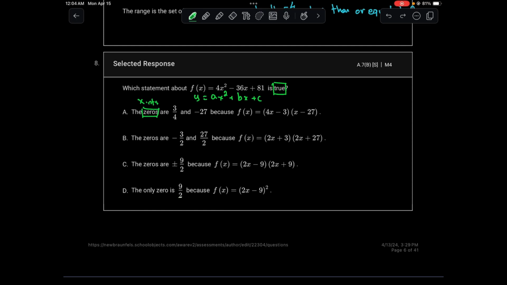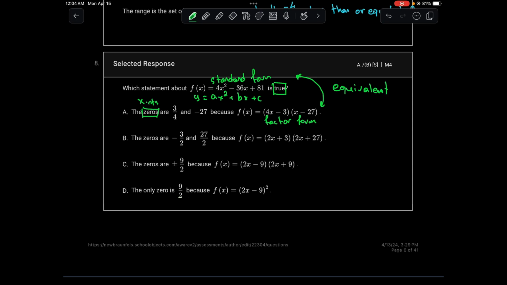Now, what's important here is that it's giving us two equivalent forms. One is the standard form, and the other one is the factor form. And those two have to be equivalent.